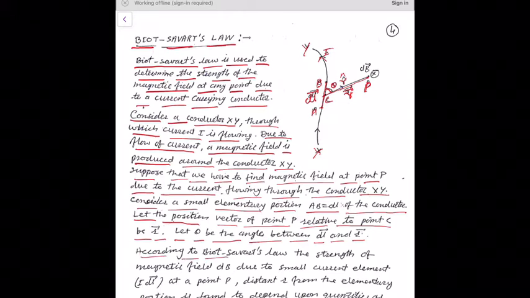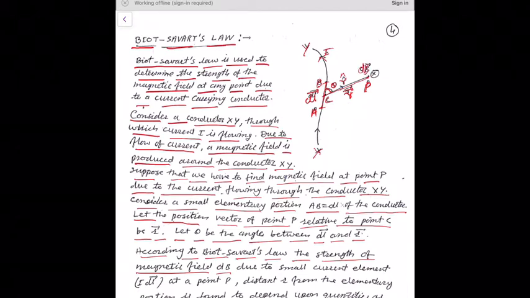According to Biot-Savart's law, the strength of the magnetic field dB, here for the small portion AB, so the magnetic field at point B is represented with dB.